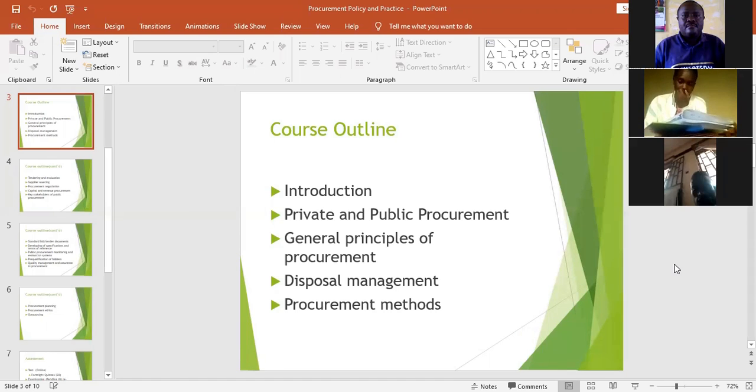The second method of procurement is called open domestic bidding. Most people refer to this method as the best method of procurement because open domestic bidding is preferred since it opens participation on equal terms to all the bidders.